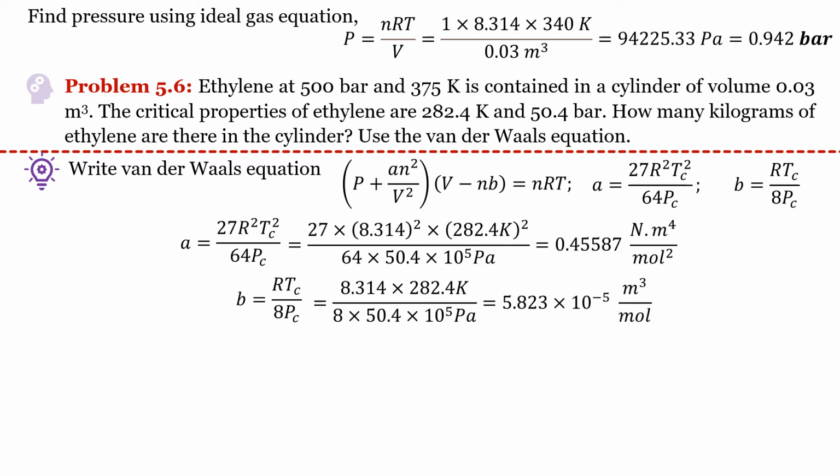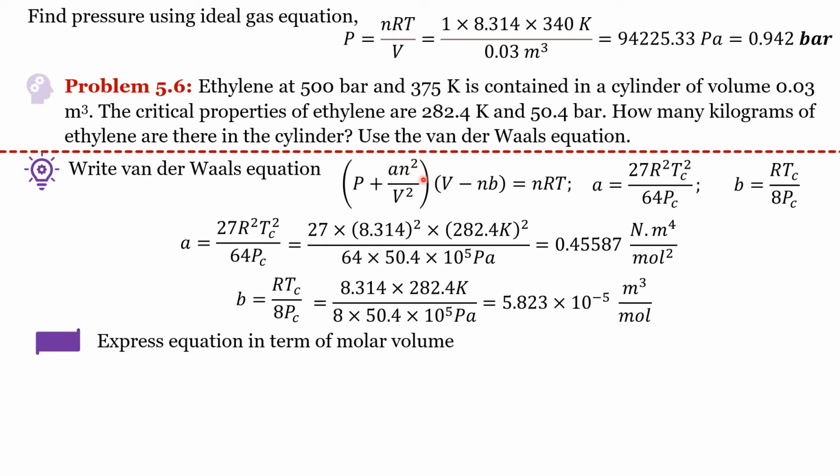Now what we can do is express the above equation in terms of molar volume. Molar volume is simply volume per unit mole. So here we have volume V², here we have number of moles n².